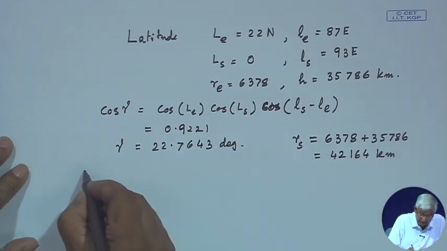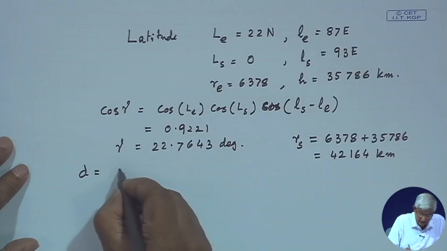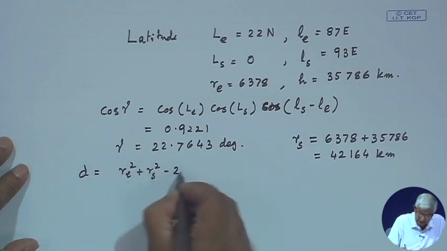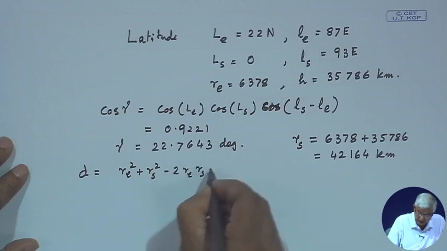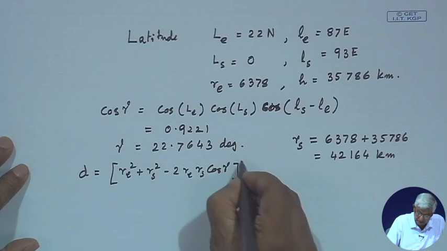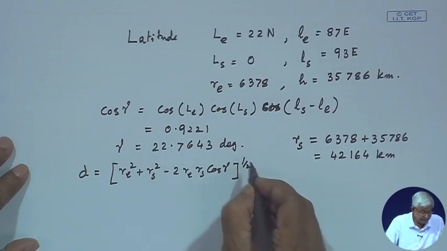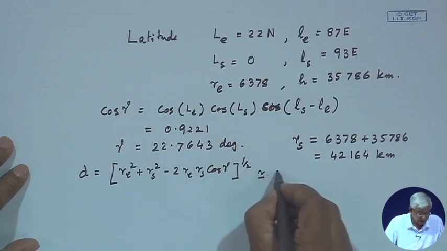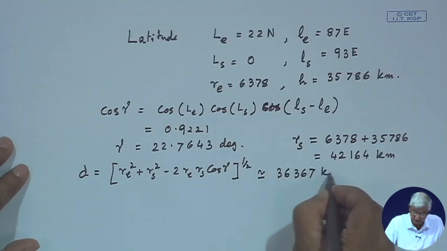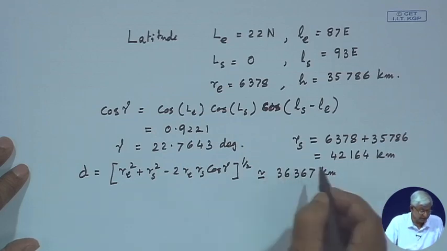Now, the distance, if you remember, is the square root of R E square plus R S square minus 2 R E R S cos of gamma, which approximately will come out to be 36367 kilometer, approximately, some fraction number will be coming.